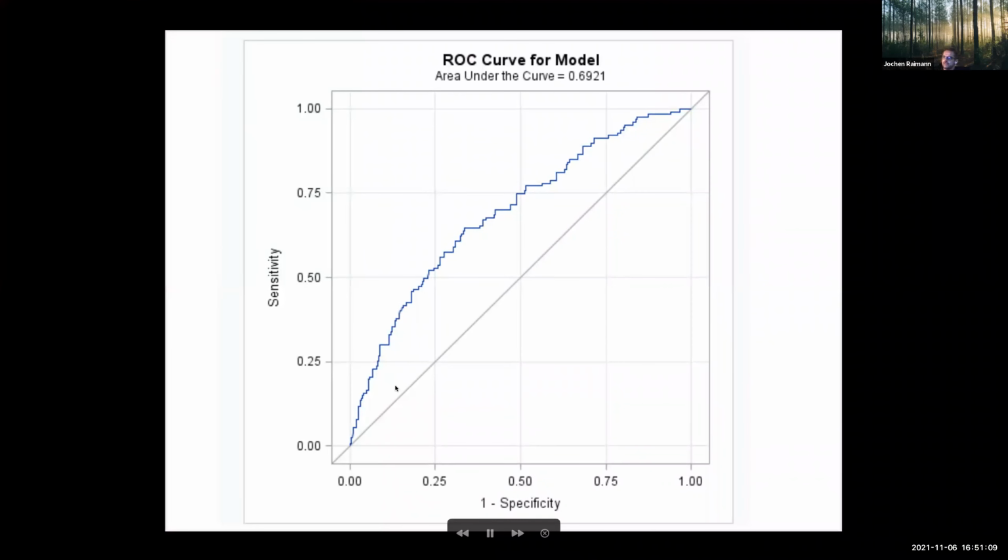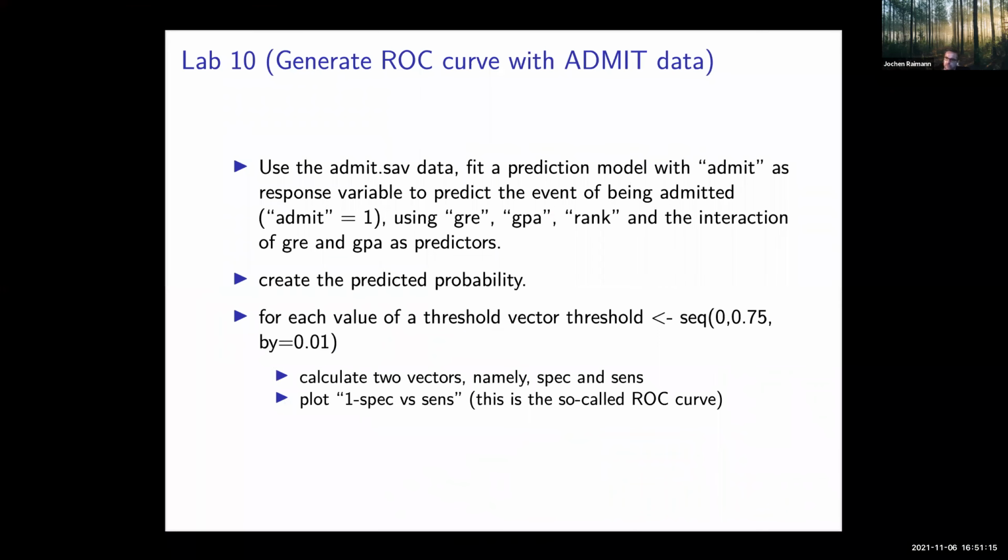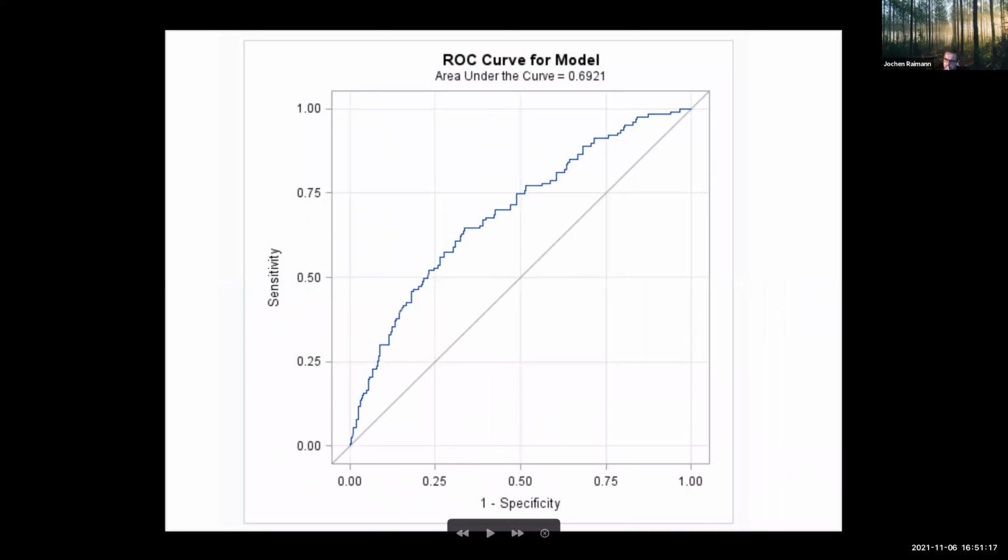So this is the receiver operating characteristics curve. And I said this is your sensitivity as a function of your false positive rate. So when you look at this, you have sensitivity here.